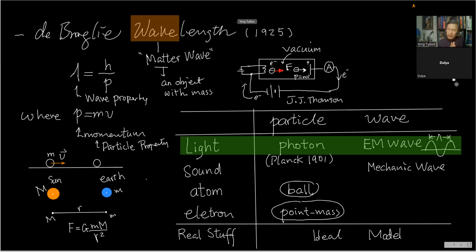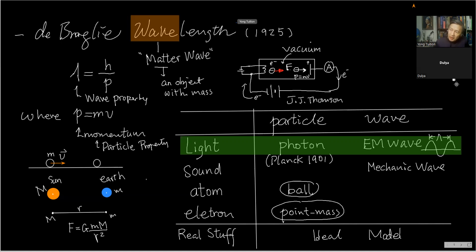Because before Planck, everyone thought light is part of the electromagnetic wave, right? Hence, light can be described by the wave equation with wavelengths. However, Planck proposed that sometimes we cannot explain it, and we have to use a particle model like a photon.